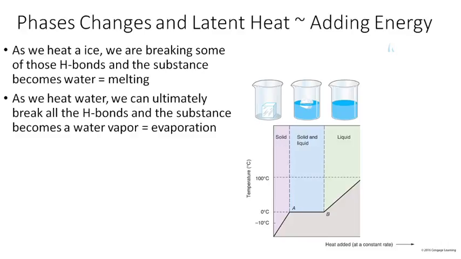Then, speaking of the boiling point temperature of water, if I were to take this water, which is now at 100 degrees Celsius, and add more heat to it, what's it going to do? It's going to boil, right? Then at that point, it's going to go from a liquid to a gas. And that heat is called the latent heat of evaporation.